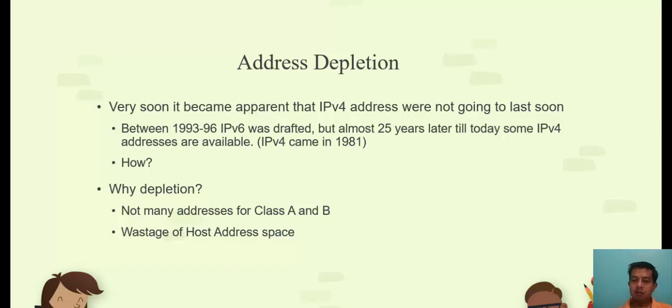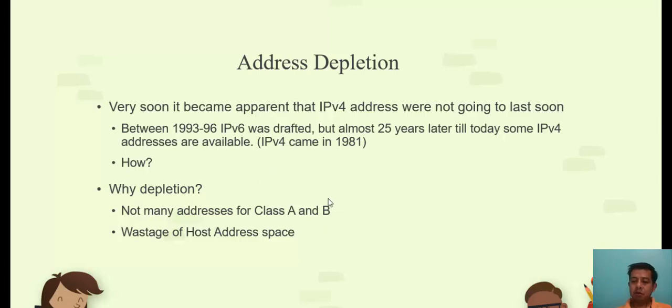We have already seen that, for example, in class A a lot of IP addresses were going waste. Only a very few organizations can buy class A addresses because only 8 bits were used, and out of those 8 bits only 7 bits could practically be used, so only 126 organizations could have bought class A addresses.